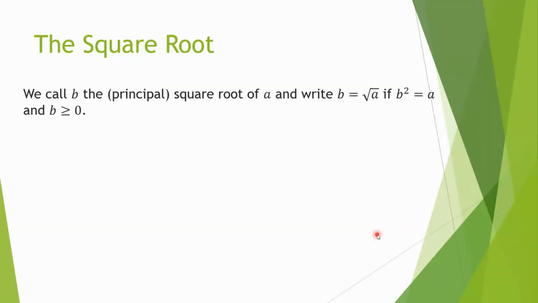I know technically it's the principal square root, but I think most people say the square root. It's the square root of a if not only it's a square root of a, but also if it's non-negative.